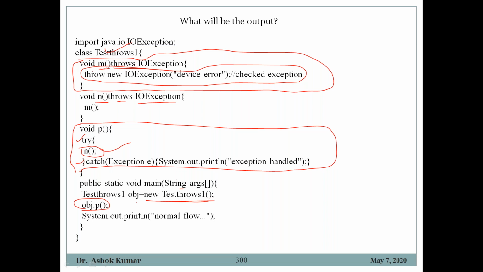So when it is called, we are basically creating the exception, so it will throw it. That exception will be passed to the catch block of the p try. This will handle this exception and will print the message exception handled.